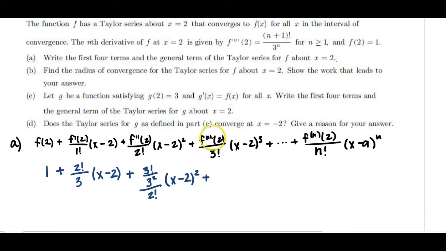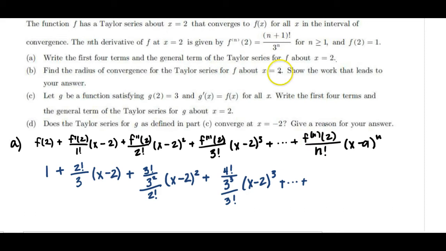Plus the third derivative at 2, so this n value is 3, so I'm doing 3 plus 1, that's going to be 4 factorial over 3 cubed. Remember, I was taking the third derivative, so 3 goes here, and then over 3 factorial times (x minus 2) cubed, plus, well, now I need the nth derivative at 2.